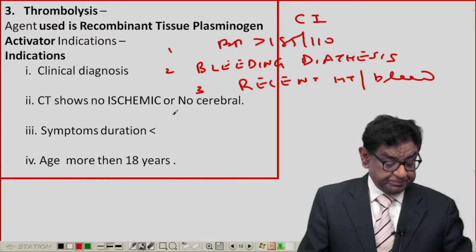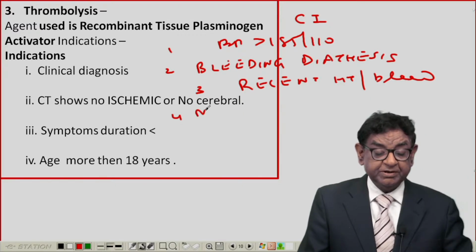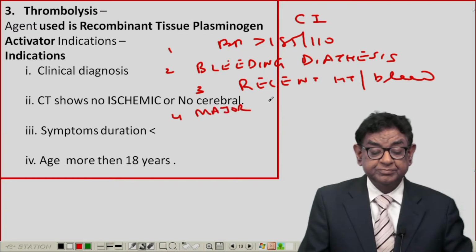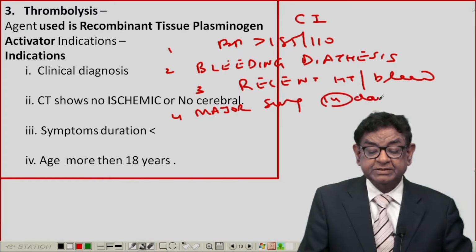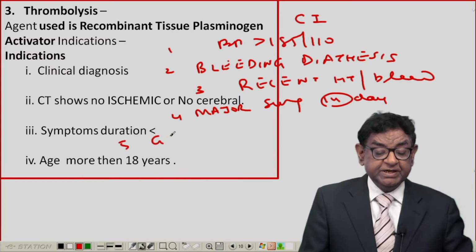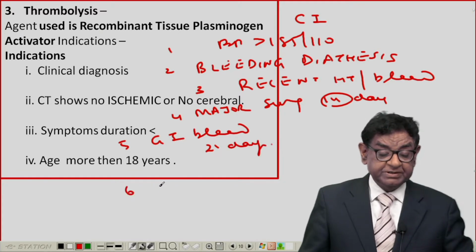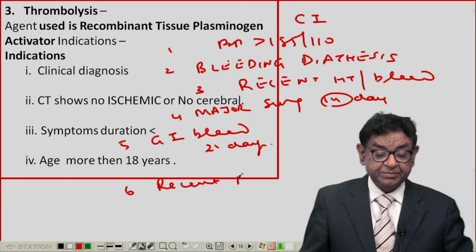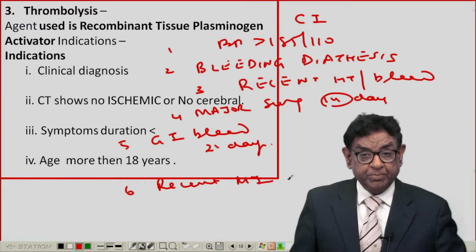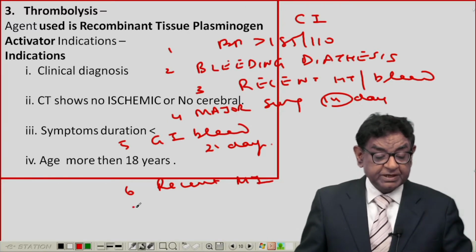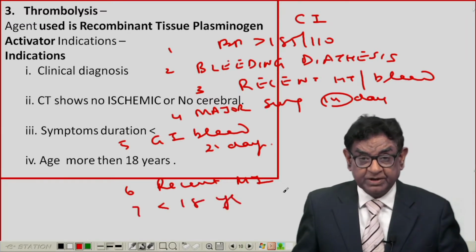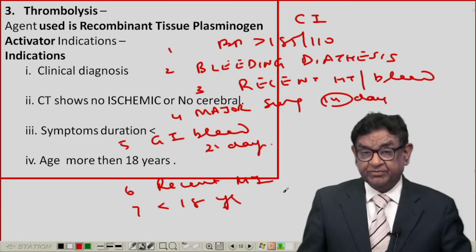Then major surgery within the last 14 days, massive GI bleed in the last 21 days, and recent MI. They are some of the important ones, and of course age below 18 years that we discussed. So there are a few contraindications where we will not like to go for thrombolysis.